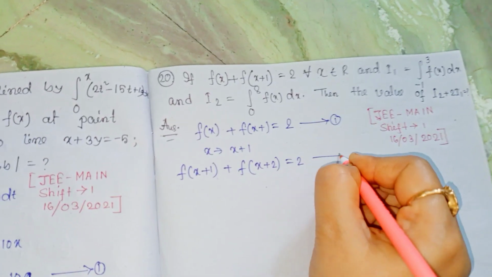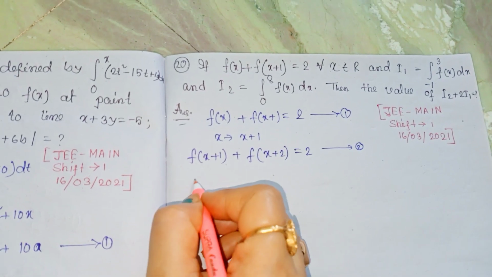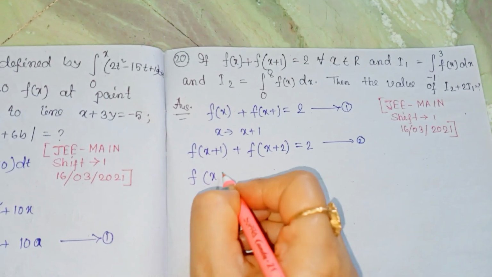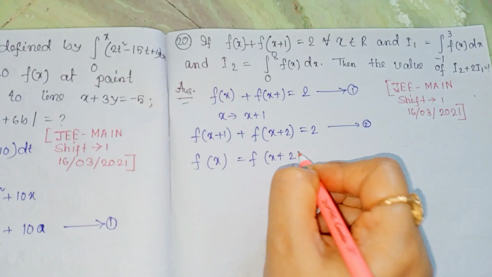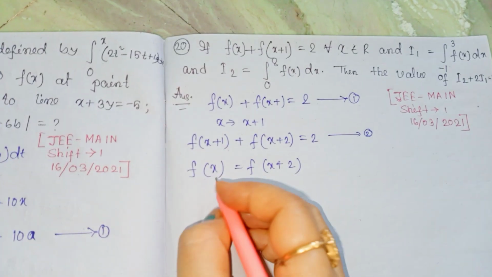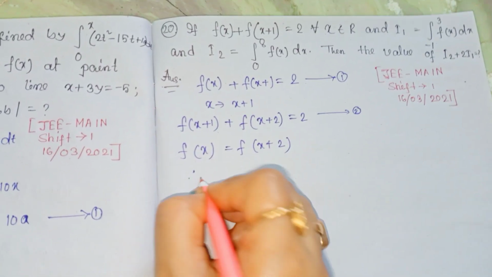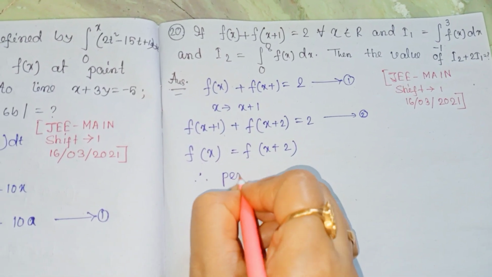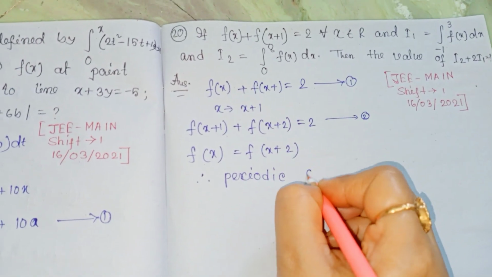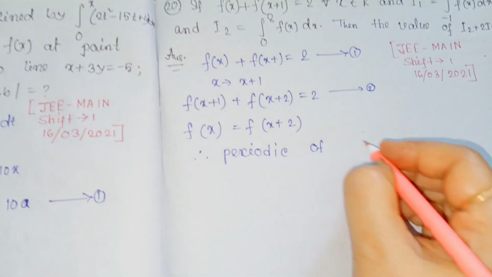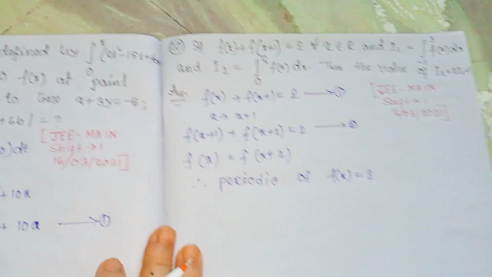This is our equation number 2. Now f(x) is equal to f(x + 2). So the period of f(x) is equal to 2.